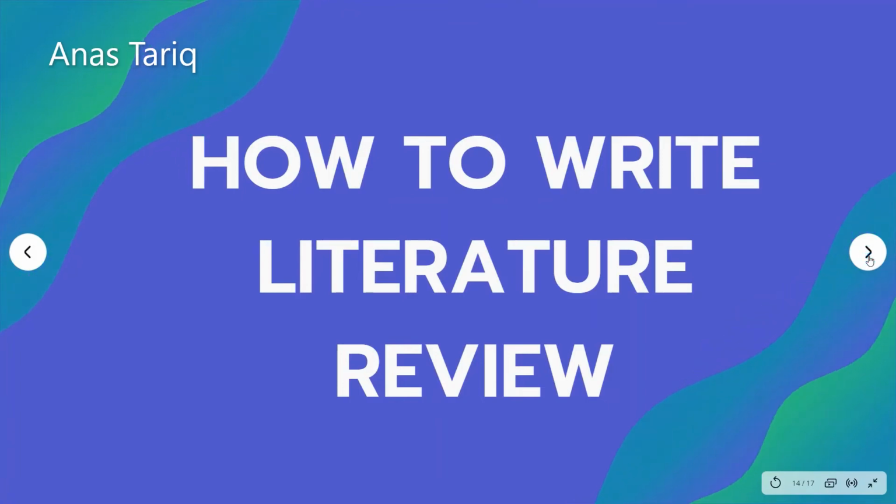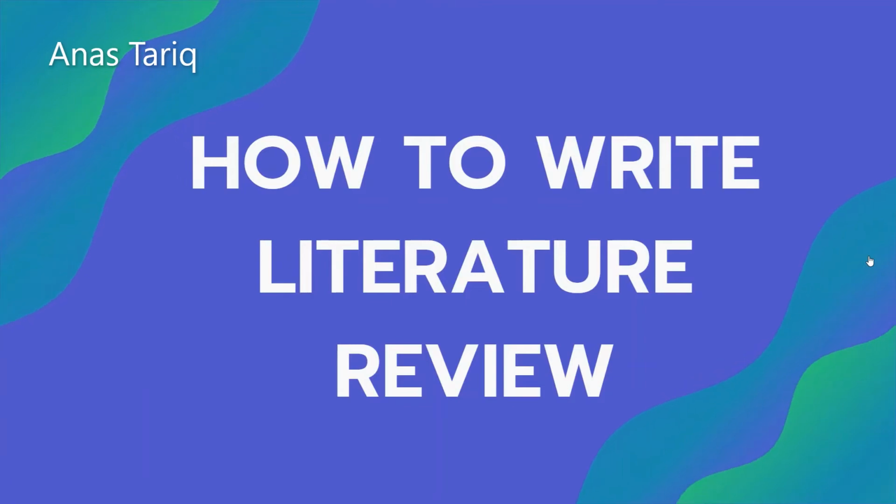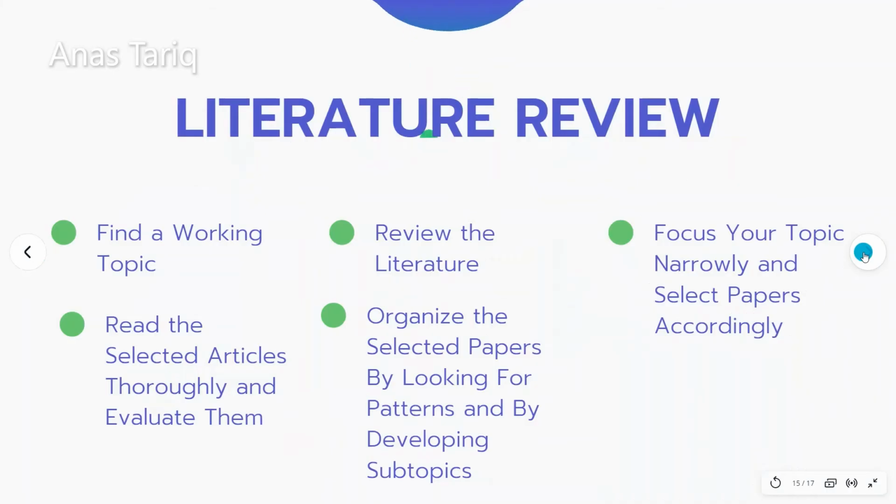This is the last section of our video, in which we will go through how to write a literature review. So here, the first part of writing literature review is to find a working topic. In this, you should look at your specific area of study.